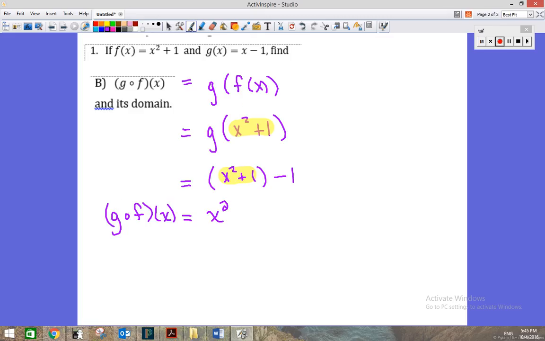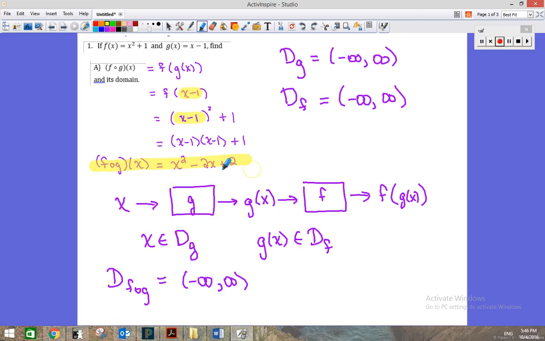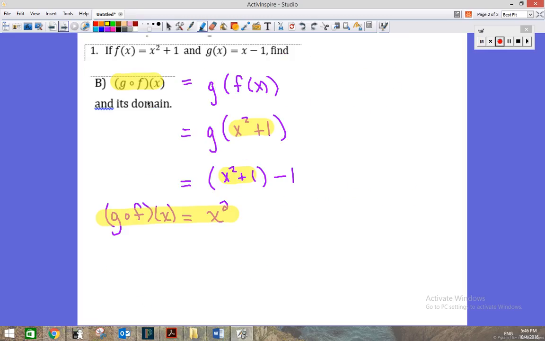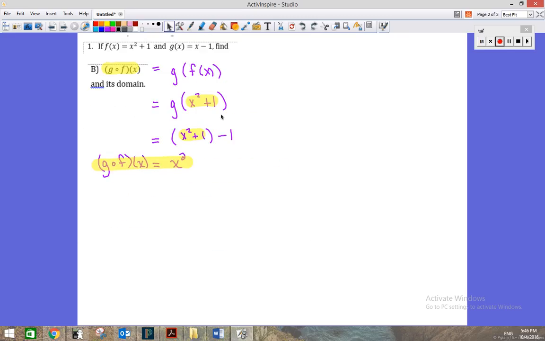And like I say, for my first answer, the expression, I wasn't expecting the same answer that I have over here. Now my second answer over here was the domain is all real numbers for this function composition. Well, that's what I'm going to get for this function composition as well. Two things have to be true to be in the domain of g composed with f.